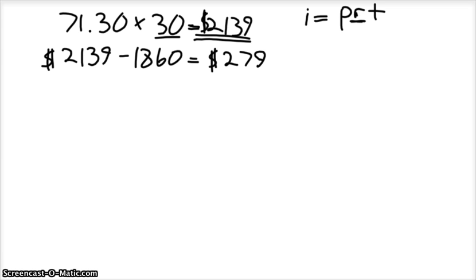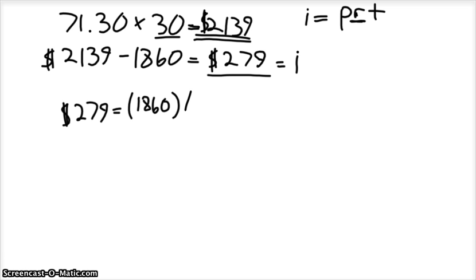Now we can fill in our problem. This equals I. This is our interest, how much he had to pay extra. We're going to do some algebra to solve the rest. So we have 279 equals, what's our P? Remember, 1860. That's what he started out with.